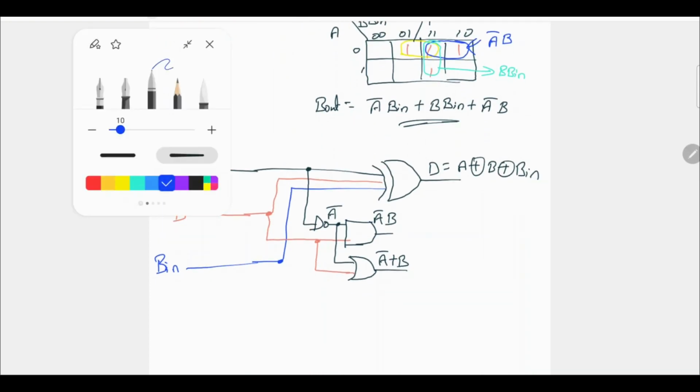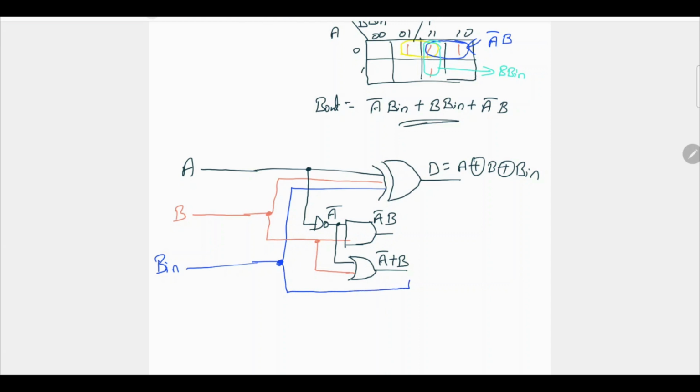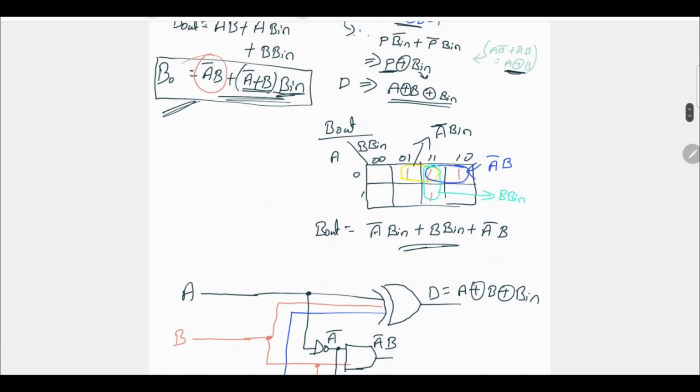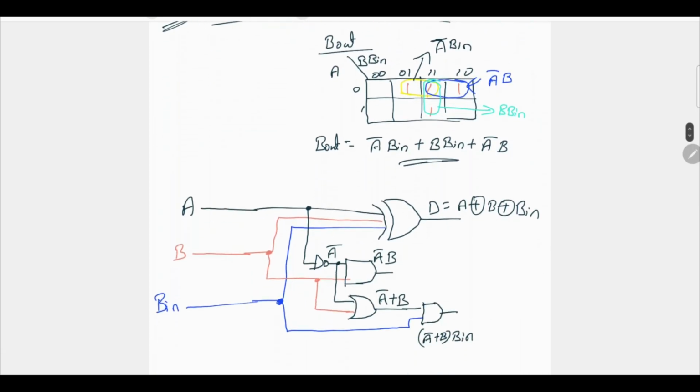So take B in and A bar plus B, and give them to an AND gate. Now both A bar B and A bar plus B into B in are added, that means an OR gate. So this is B out, and this is the logic diagram.